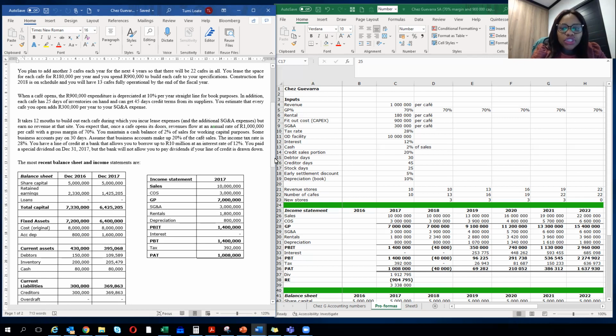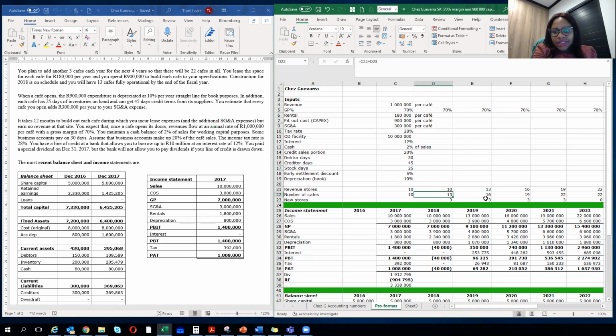If you want to set this up in your Excel, look at how we've set it up on the right. We've added the number of cafes. We start off with 10 cafes in 2017, and we've added an additional 3 new cafes for that period.